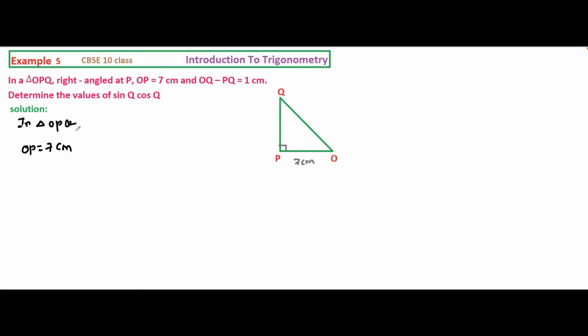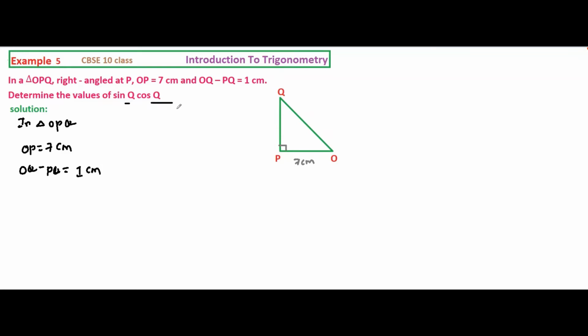What is that? OQ minus PQ equals 1 centimeter, and from this we have to find sin Q and cos Q.